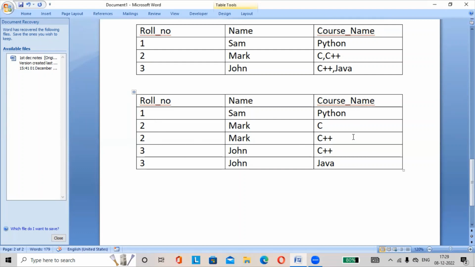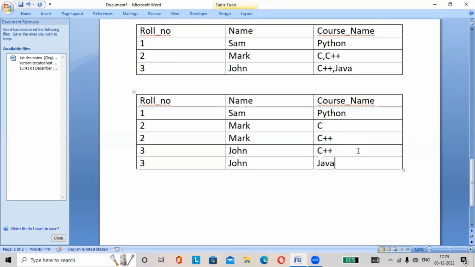But we are just placing this table in first normal form, to remove the non-atomic values. See, here I am changing this to first normal form, but here I am getting data redundancy. So what do I need to do to solve this data redundancy problem?